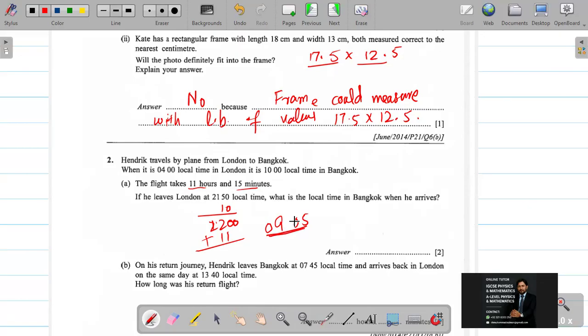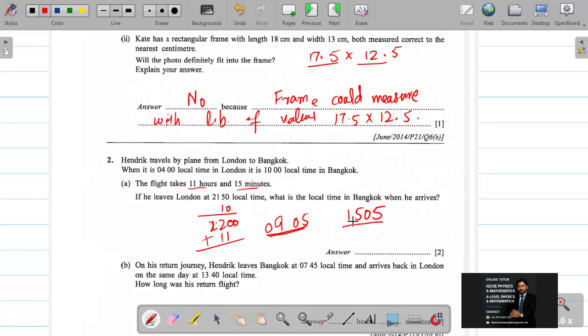But I remember that it is the time which should be taking 6 hours more over there to get for Bangkok over there. So we will have to add our 6 hours. That will be 9, 12, and then 3. Then it will be 1505 over there.